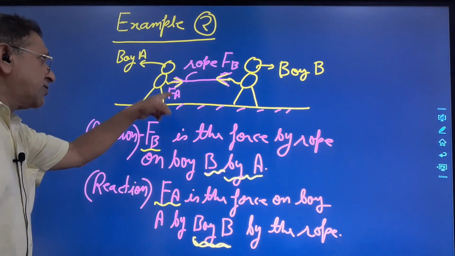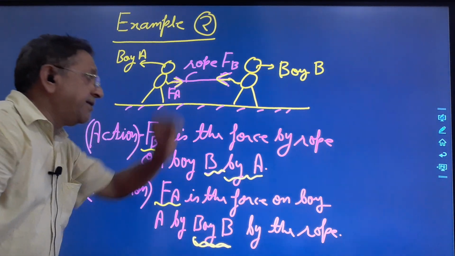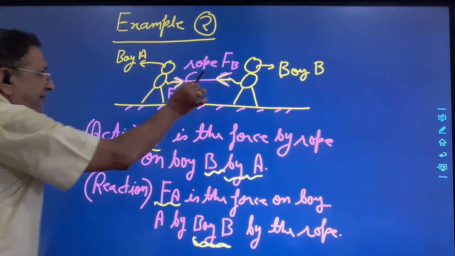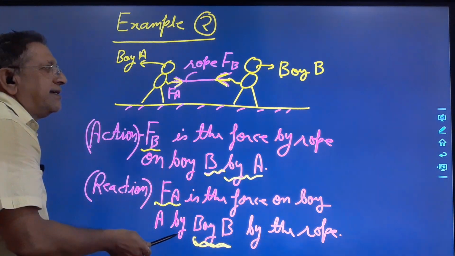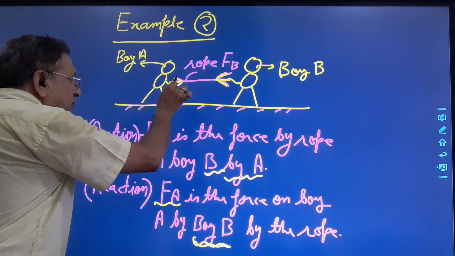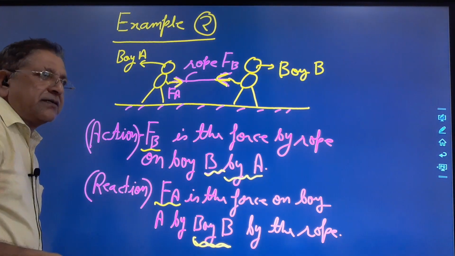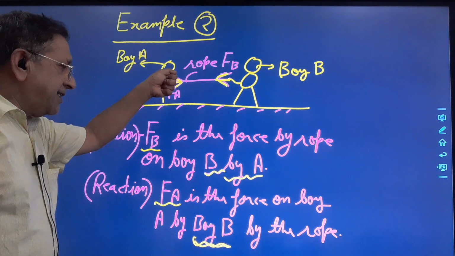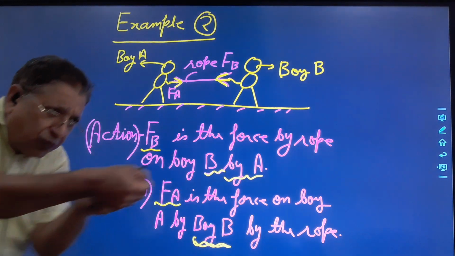FA is the force on boy A by boy B. FB is the force on boy B and FA is the force on A. Both are pulling each other. This one pulls in this direction and this one pulls along this direction. Both boys are pulling each other.